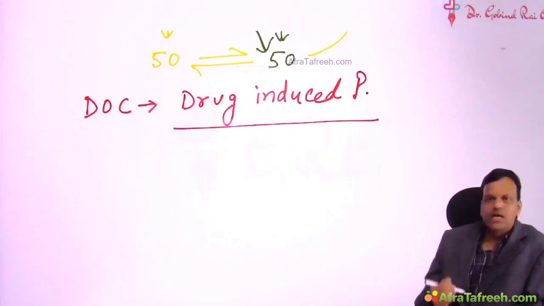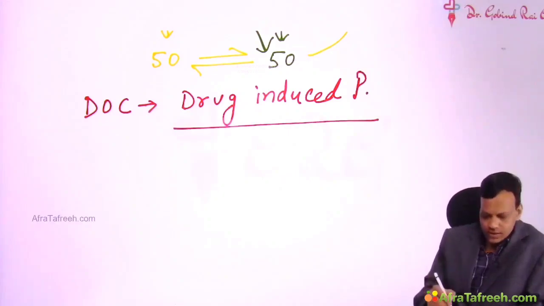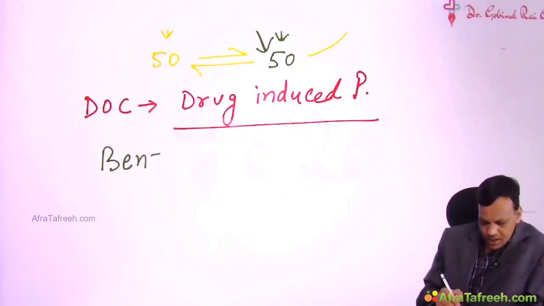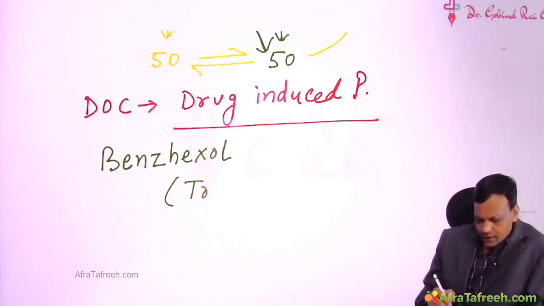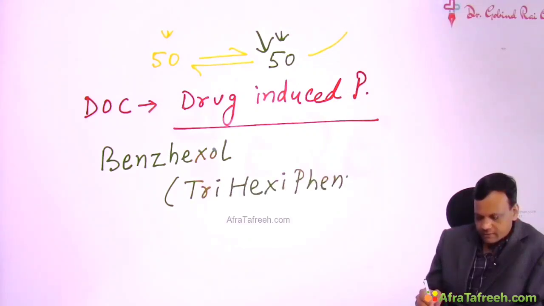Anticholinergic drugs are the drug of choice for drug-induced Parkinsonism, and the main drug we use for this purpose is benhexol. The other name of this drug is trihexyphenidyl.